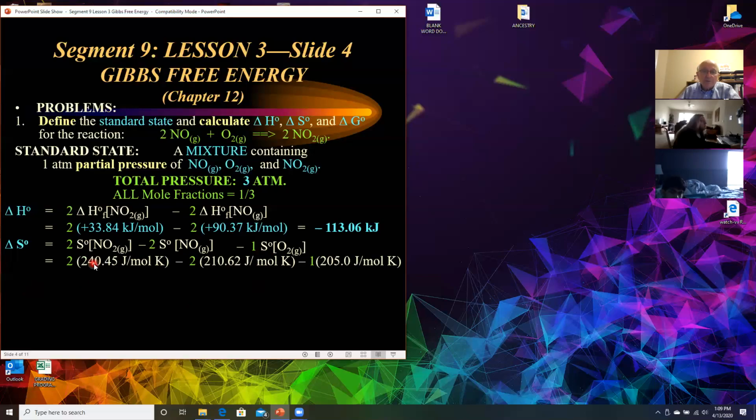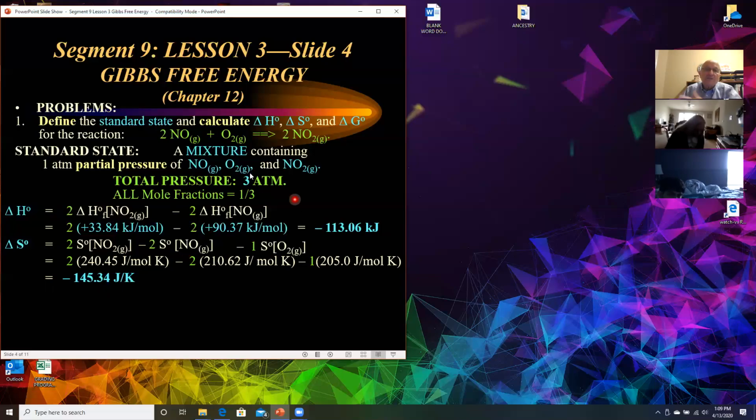So here are the numbers. If we plug in the numbers and do the calculation, we get the delta S is minus 145.34 joules. Now notice the difference in the units. These are in joules per mole per Kelvin, and this delta H is in kilojoules per mole. So you expect these values.